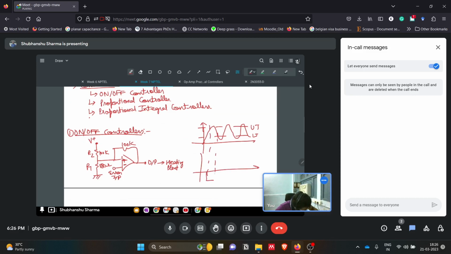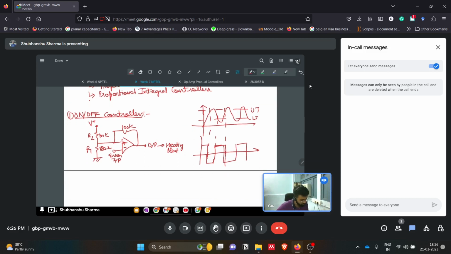Once it goes below the lower threshold, it will switch to high. Again it will stay high until it reaches the upper threshold. Like this we achieve this output. So this is the very basic on-off controller.